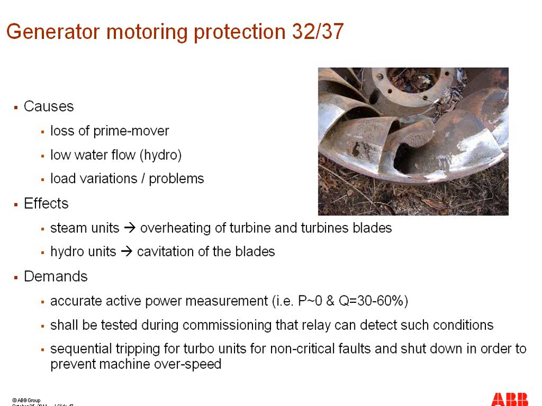In hydropower plants, it could be the low head of the water level, as well as some load variation, that causes motoring action of the generator. Its effects are overheating as well as damage to the turbine blades.